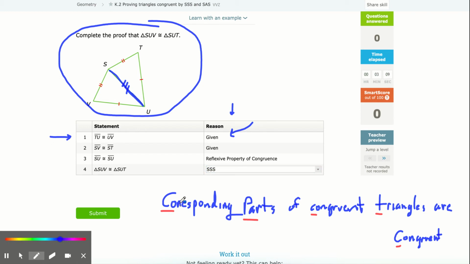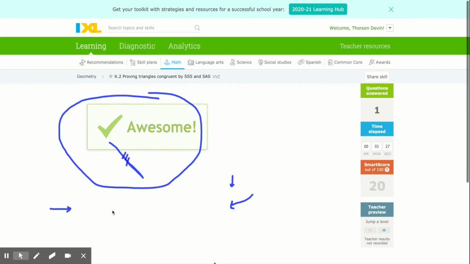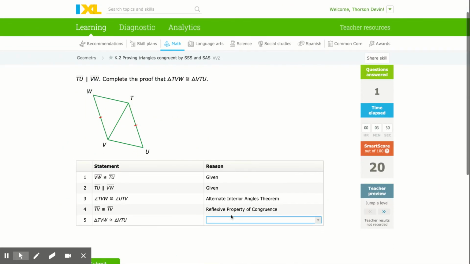So corresponding parts of congruent triangles are congruent. Eventually they're going to have you say, why do I know one side's congruent to another? Well, the two triangles are congruent, then all their corresponding parts must also be congruent. That isn't this one. This one's just side, side, side. But again, just read carefully through each of these.